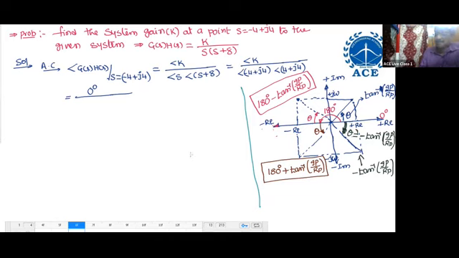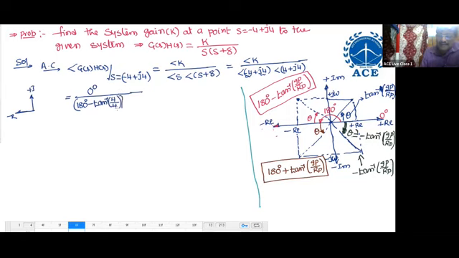What is the angle? Negative real, positive imaginary. Which region? Second region. The angle is 180 minus theta, so 180 minus tan inverse of imaginary part 4 by real part 4.